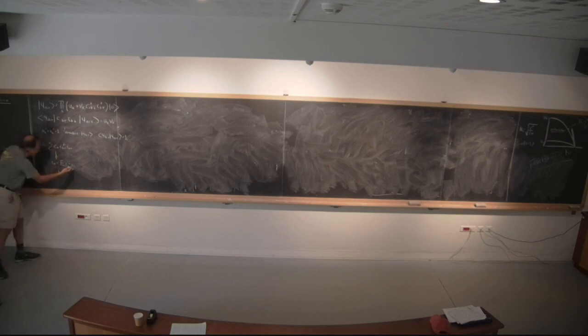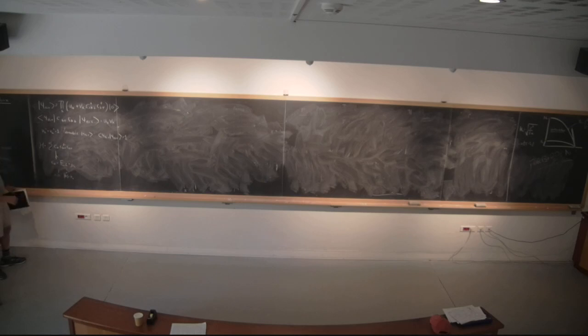And this is where the information about the size of the Fermi surface resides, because this is equal to 0 on the Fermi surface. This is k squared over 2m in the simplest model.